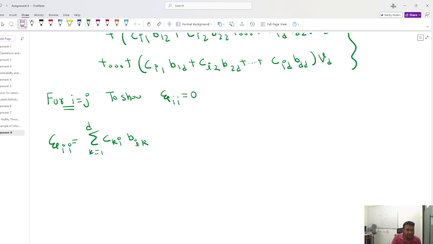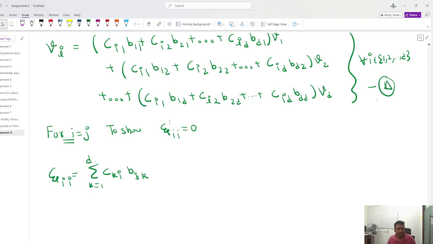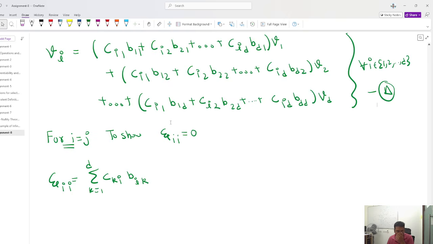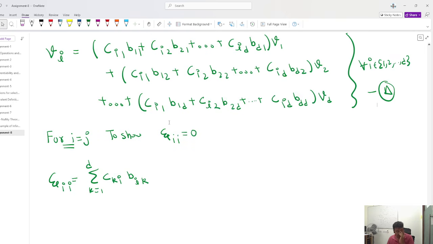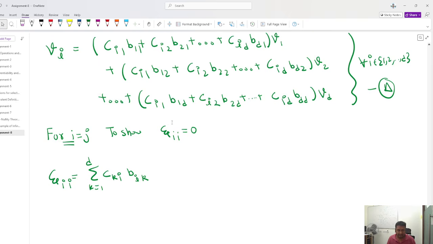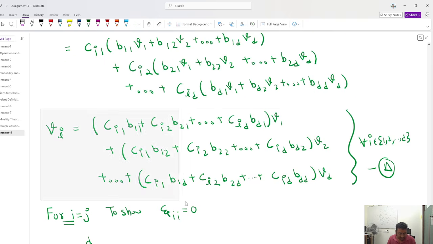We are almost near. So let us call this equation triangle. See the coefficient of VI. So let me copy this, okay?